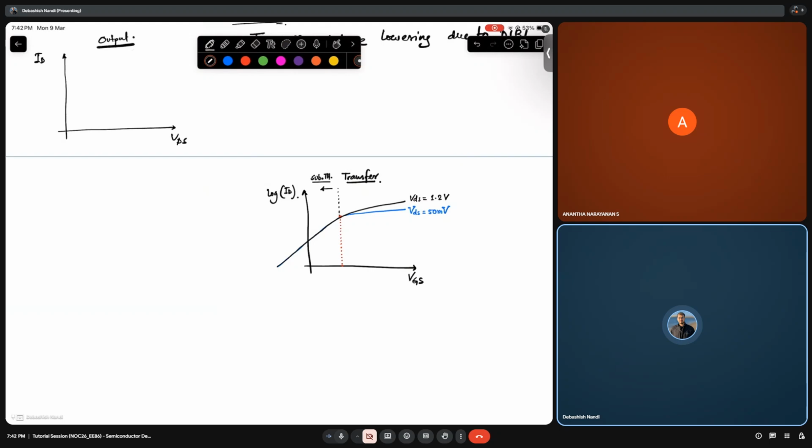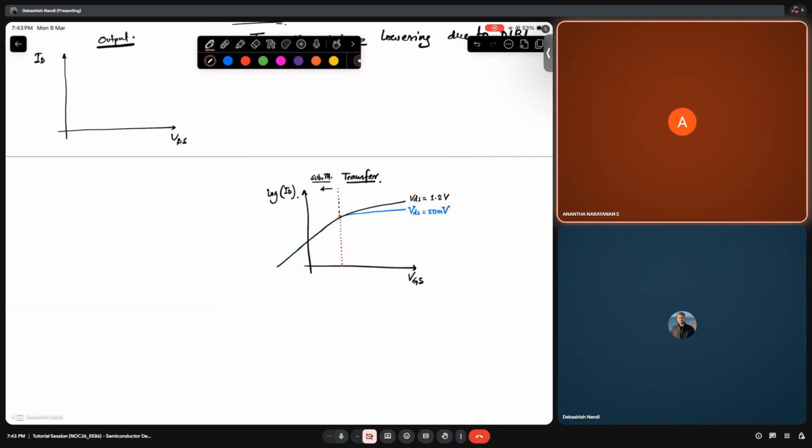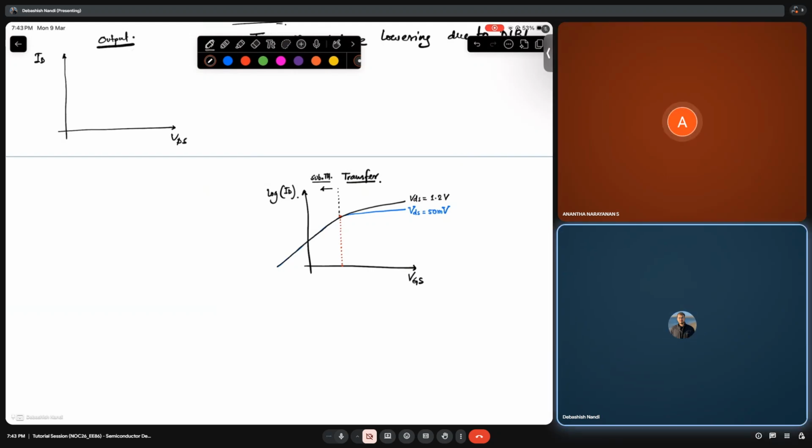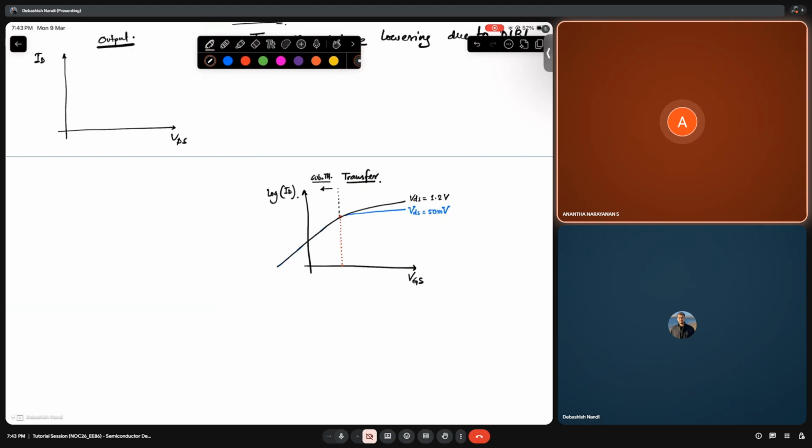As soon as my channel forms, now once I am going from VDS equal to 50 millivolt to 1.2 volt, my device is going from linear to saturation. My current will increase. Understood? Yes, sir. Sir, but the problem I'm having with this graph is, you said that below the threshold there will be no current, right, sir?